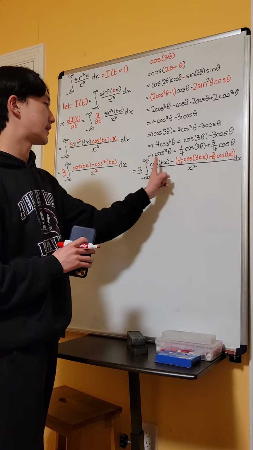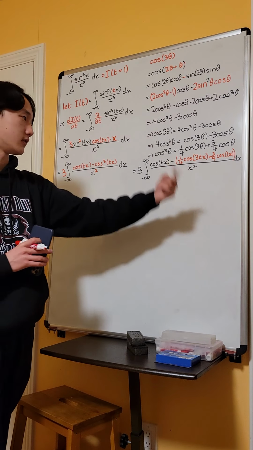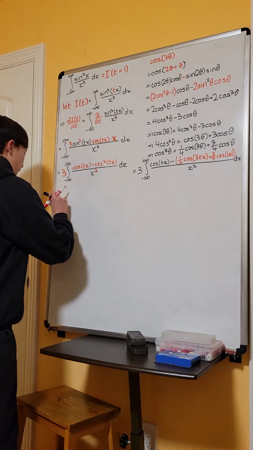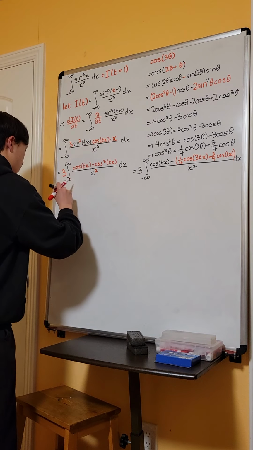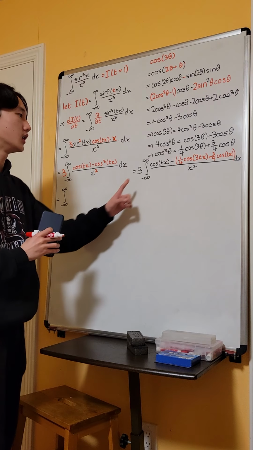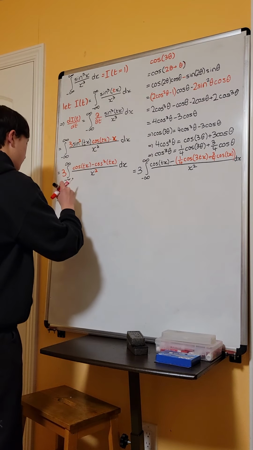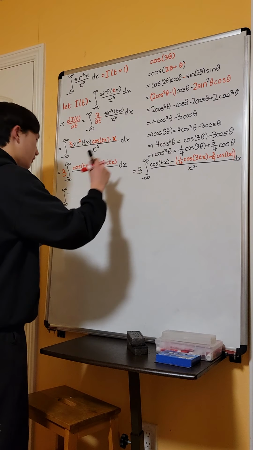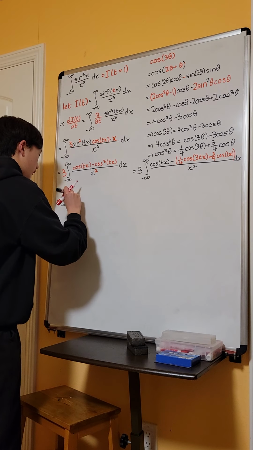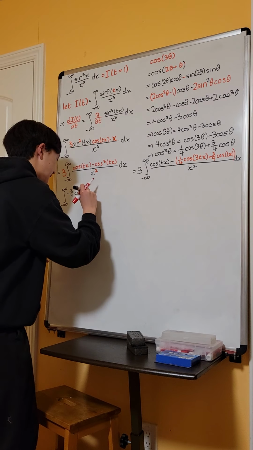Okay, from here, this and that are like terms, so you can go ahead and distribute the negative and then deal with that. In fact, I'm going to drag the 3 inside as well, so we can have the integral sign on the outside. I'm going to put this down first, since there's only one of them. So we distribute in the negative, and distributing the 3, you get 3 over 4 cosine of 3tx.